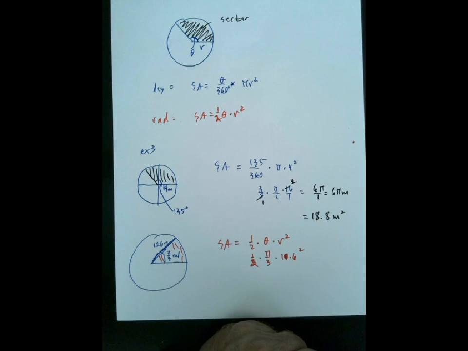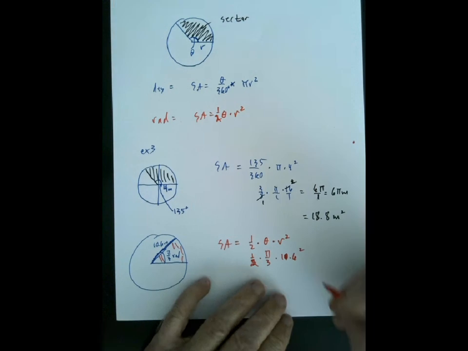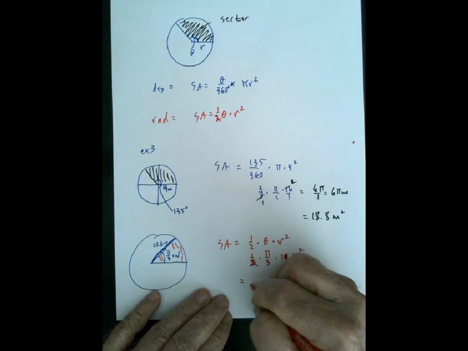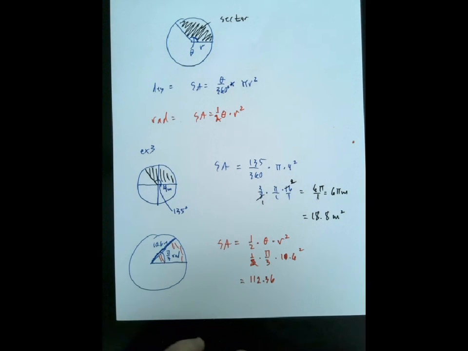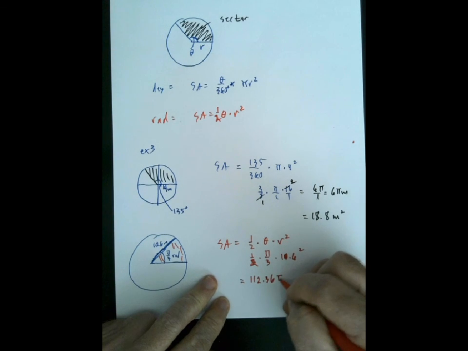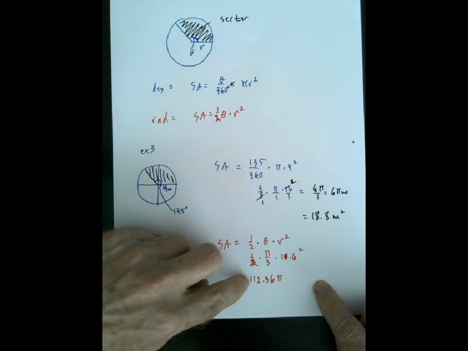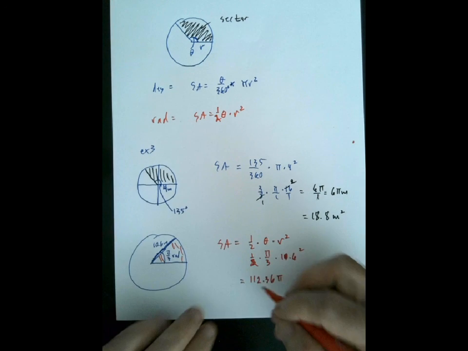10.6 squared is 112.36. So it's 112.36 times pi divided by 6.